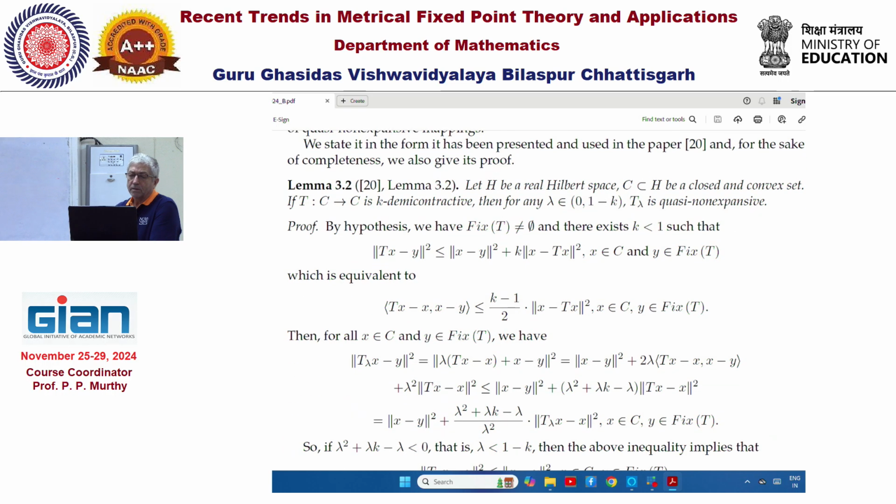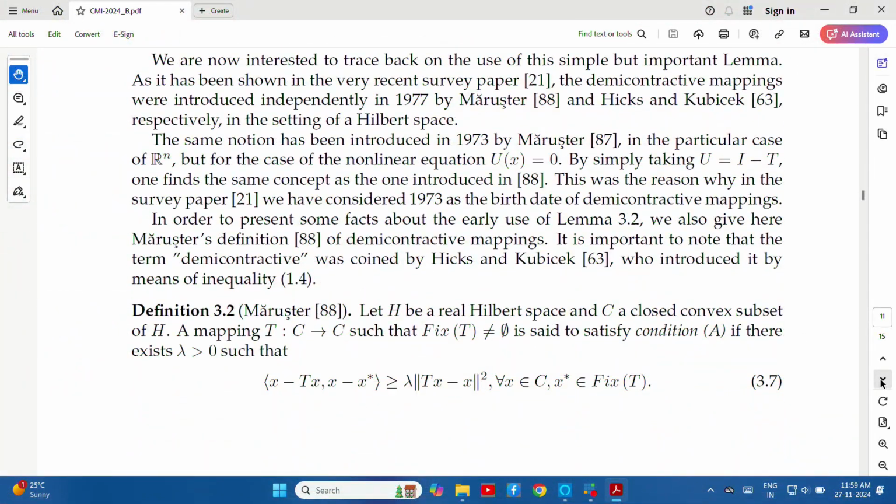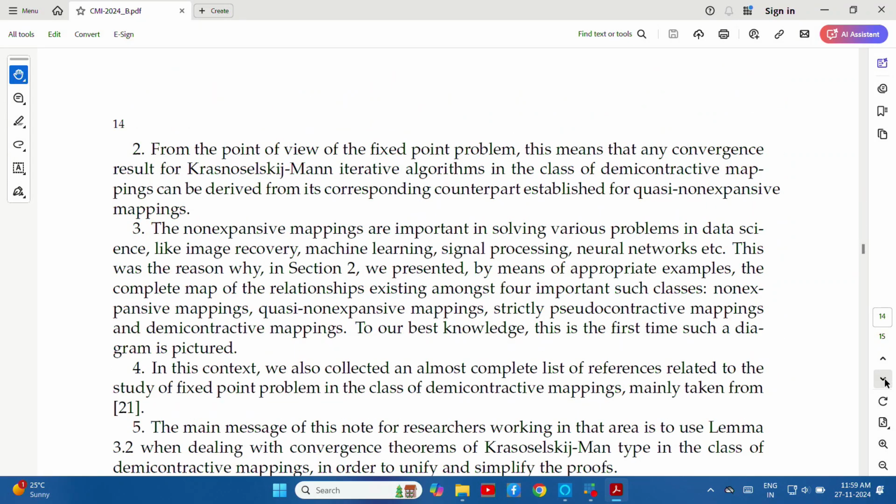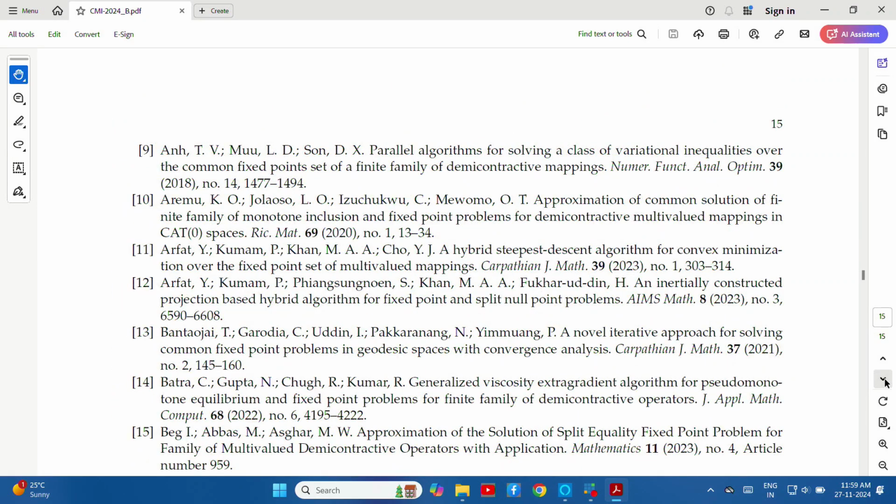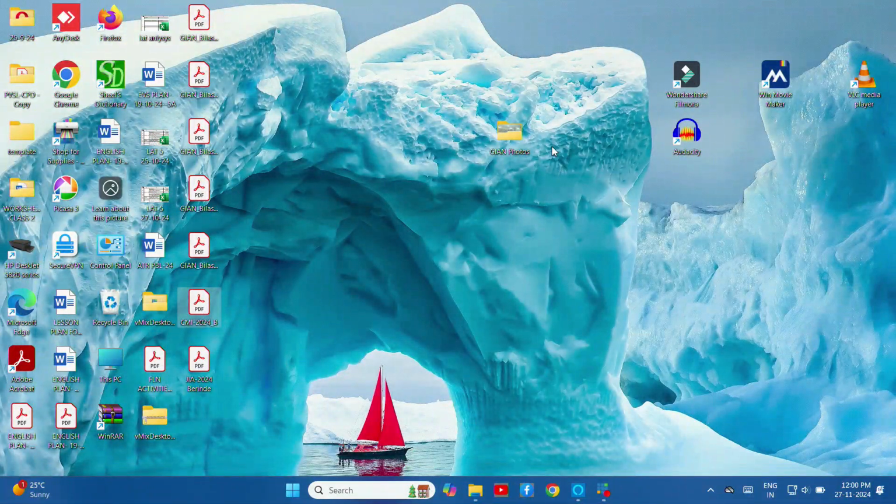And the detailed proof. So many things you can find here. And I encourage you, if you are interested, to have a look at this. Now we should go to this one, which is the topic for today.